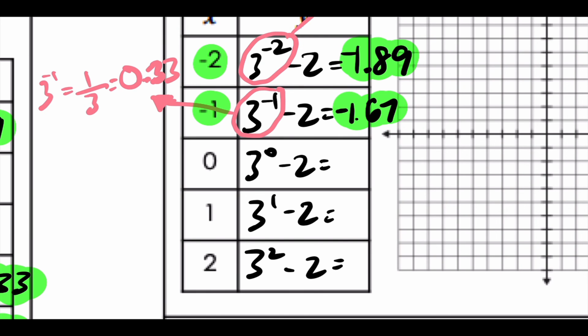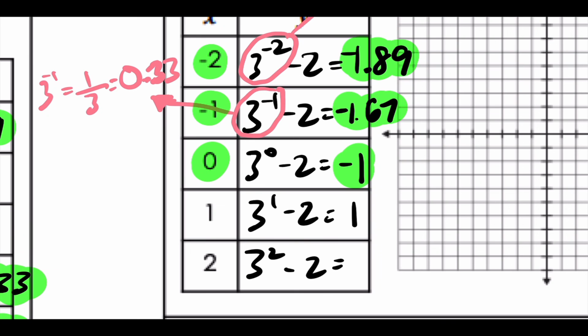The next one is 3 to the 0 power. Anything to the 0 power is just 1. So this guy right here is just a 1. So 1 minus 2 is negative 1. So I have another negative. It's okay. The next one, 3 to the first. 3 to the first is just 3.